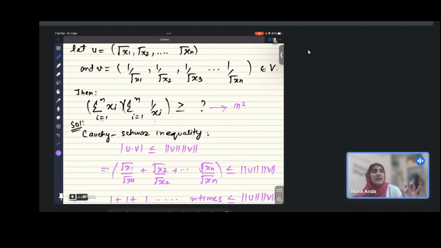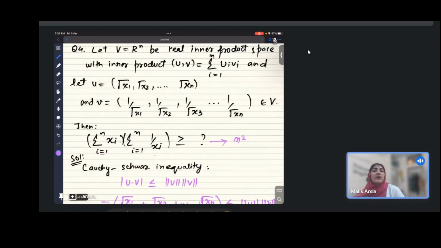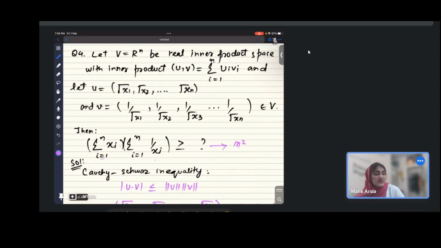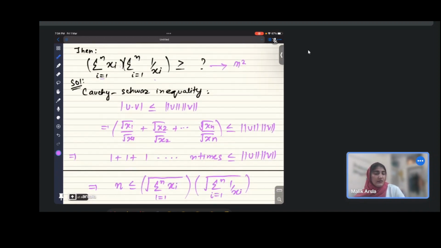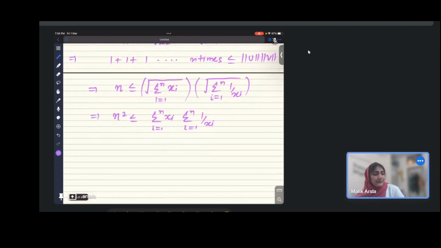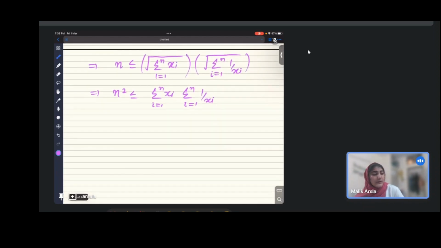So there must be something relating the norm and the inner product. That is how you approach a problem, because in the exam the concept has been taught, but the problem can be such that you will have to think how to approach it, because the steps are very easy. So that approach you have to develop.